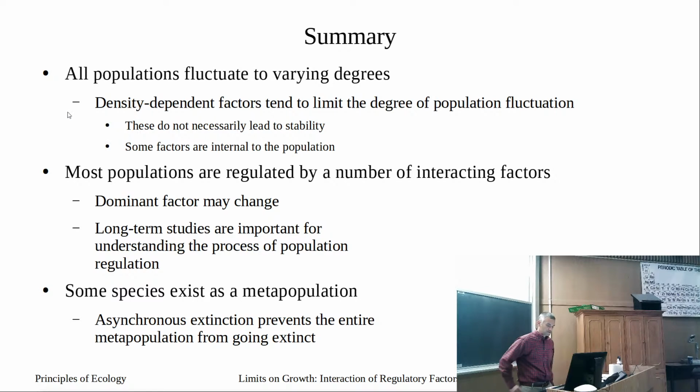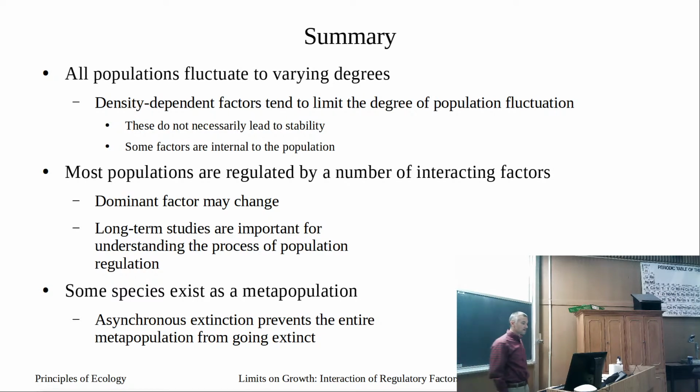All right, summary for our populations. All populations fluctuate, to varying degrees. Some populations fluctuate much more than others, and that includes the magnitude. Some have very large changes in population size, and some have very small changes.